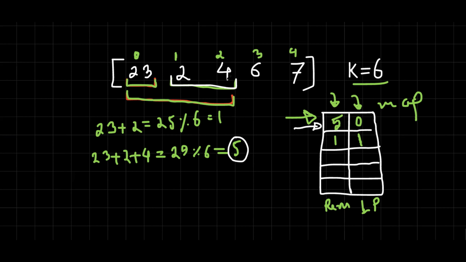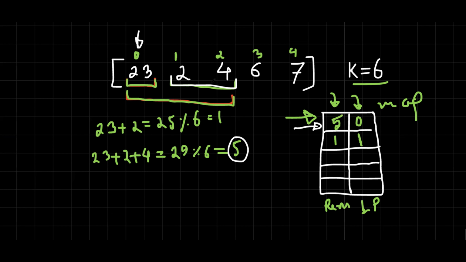We have to calculate each of the prefix sums starting from the 0 position, and store two values in the map. The first value will be the remainder value, and the second value will be the ending position of the corresponding prefix.